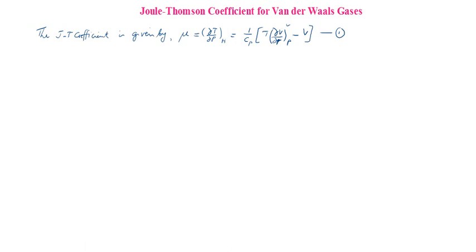So let's start from the van der Waals equation for 1 mole of a gas. The van der Waals equation for 1 mole becomes (P plus A by V square) into (V minus B) equal to RT.